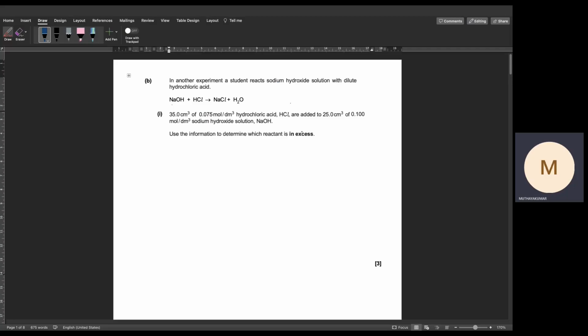So to determine which reactant is in excess, we need to calculate the moles of both of our reactants. And in this question, we are given volume and concentration. So the equation we need to use is moles is equal to concentration times volume in centimeters cubed divided by 1,000 to convert that into decimeters cubed. So we can do a little table to organize our data.